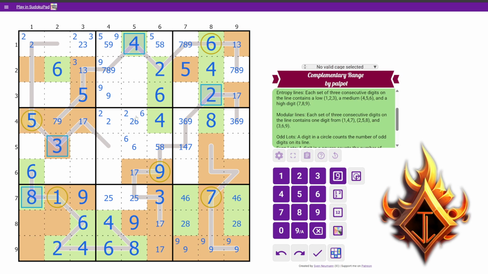And then there needs to be 3 evens. Where else cannot be even? This could be a 4. This can be a 2. This can be an 8. This can be a 2 or an 8. Is there anywhere that cannot be odd?